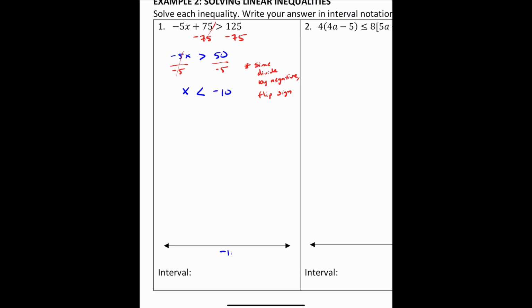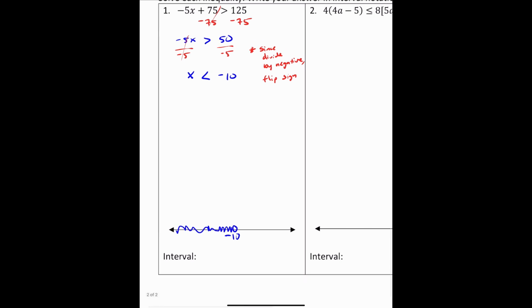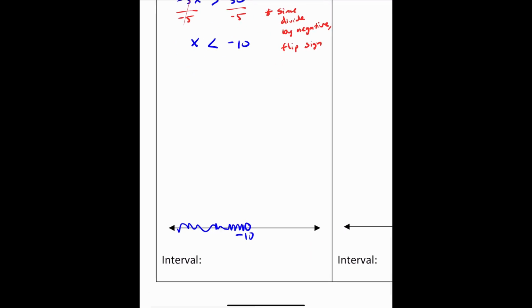Negative 10 is the main character. Since this is a less than sign, we have an open dot. I'm going to think of some x values that are less than negative 10: negative 11, negative 12, negative 13. So I'm basically shading to the left. Then to write my interval, we read from left to right, so it starts from negative infinity to negative 10.